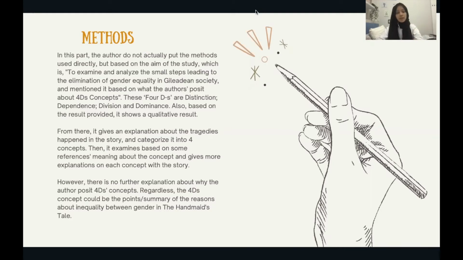Then it examines the meaning of the concept based on some references and gives more explanation on each concept with the story. However, there is no further explanation about why the author proceeded with this concept. Regardless, the 4Ds concept could be the points or summary, if I can tell, of the reasons for inequality between genders in The Handmaid's Tale story.